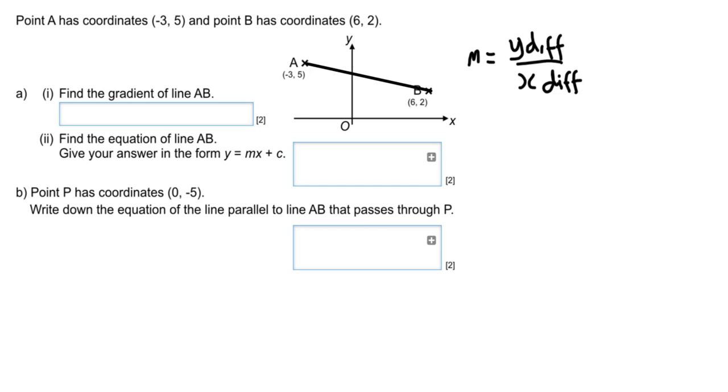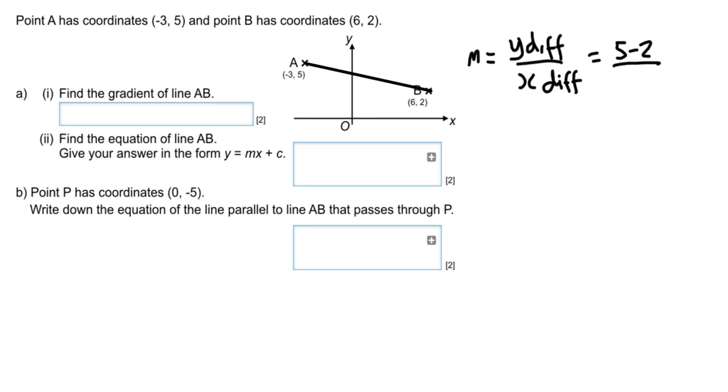So how do I do that? Well, I know that here, this is at a y value of 5, that's a y value of 2. So I can say that is 5 take away 2. And the x difference, that's -3, and that's 6. So I can do divided by -6 take away, I beg your pardon, I've got that wrong.